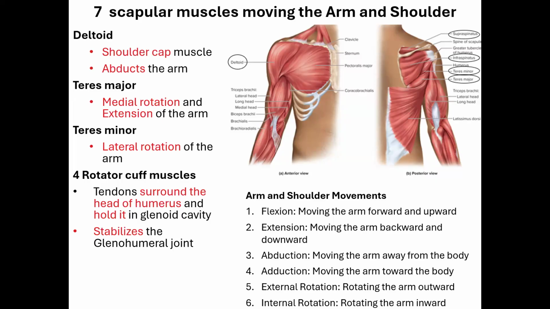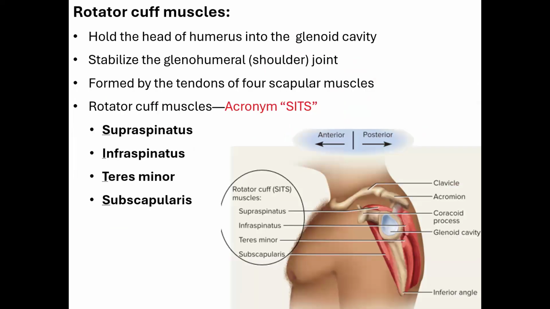So how do you make it stable? There are some muscles with tendons which are surrounding this particular joint. They are called the rotator cuff muscles. They protect or they keep that joint stable. They stabilize the glenohumeral joint. So these rotator cuff muscles, the acronym is called SITS.